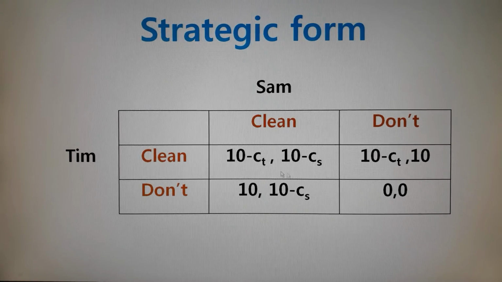However, we can see that both people cleaning cannot be a Nash equilibrium. Why? Even though C_T and C_S are 5, 10 minus 5, 10 minus 5, that would be 5 and 5. But then Tim has an incentive not to clean it because 10 is bigger than 5. So they will deviate. So both cleaning, when Sam and Tim are the low-cost guys, cannot be an equilibrium.